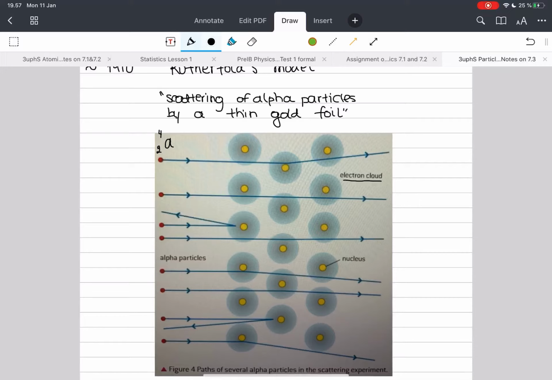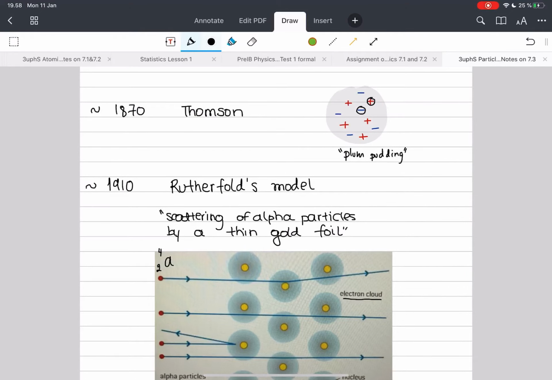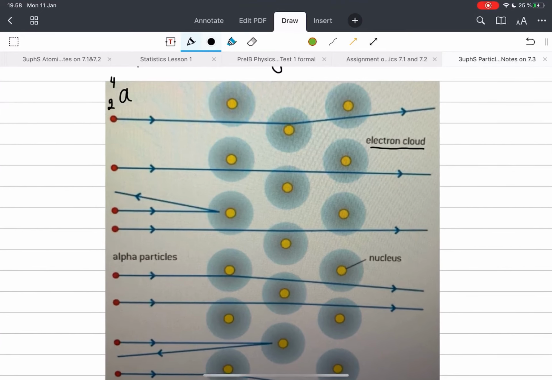However, others were sent directly backwards, which means that Thomson's model was not right, because clearly there is a very dense area inside the atom. That's the nucleus. They didn't know it back then. And there is also the electron cloud around the nucleus, which causes the alpha particles to be slightly deflected.